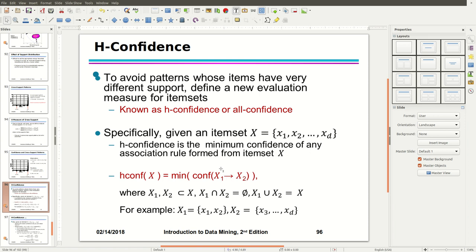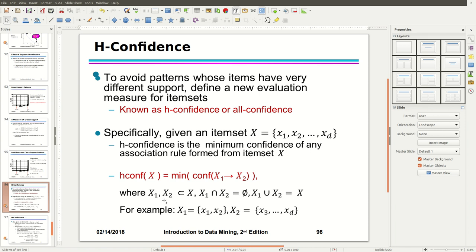We have to do this for many possible rules that can be generated from this item set, where X1 might be a set of X1, X2, X3 and X2 a set of X3 and Xn. You calculate the confidence of all of these, and you take the minimum.